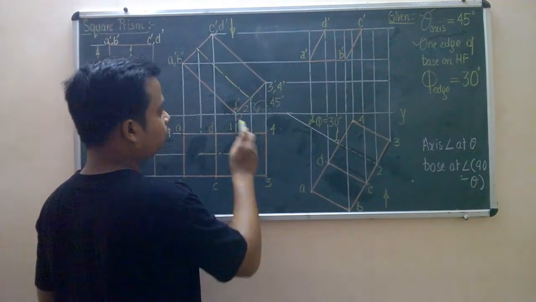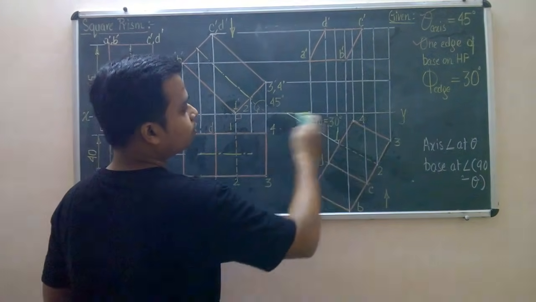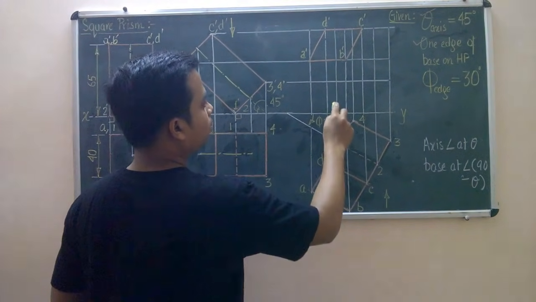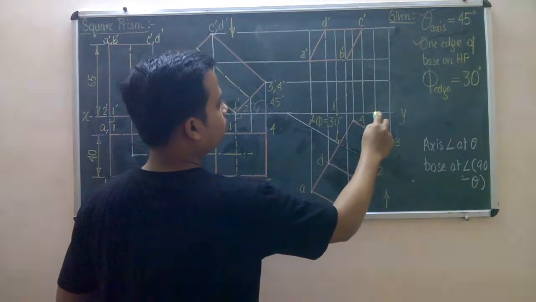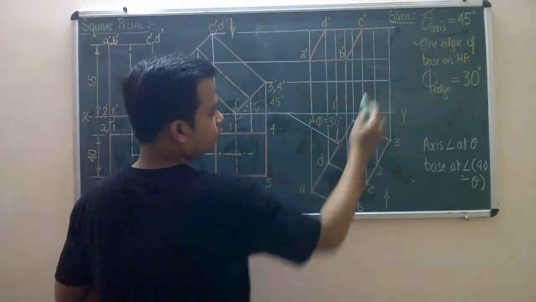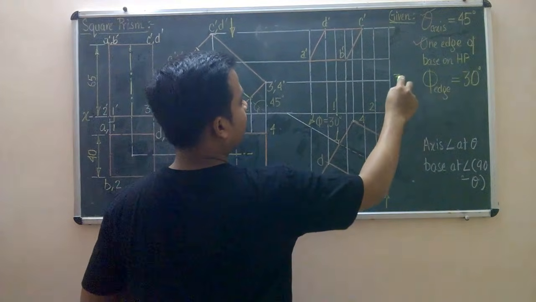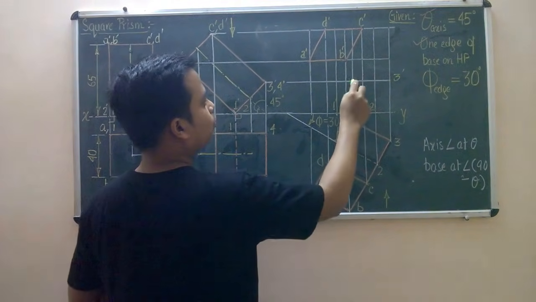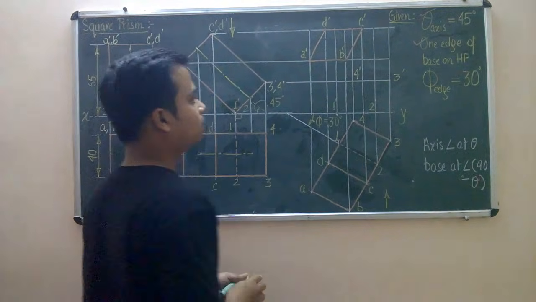Secondly, 1, 2, 3, 4. This line is meant for 1 and 2. Okay, 1 dash, and this is for 2 dash. Now, this line is meant for 3 and 4. So where is 3? That's 3, and that's 4. Here we have it, 4 dash.